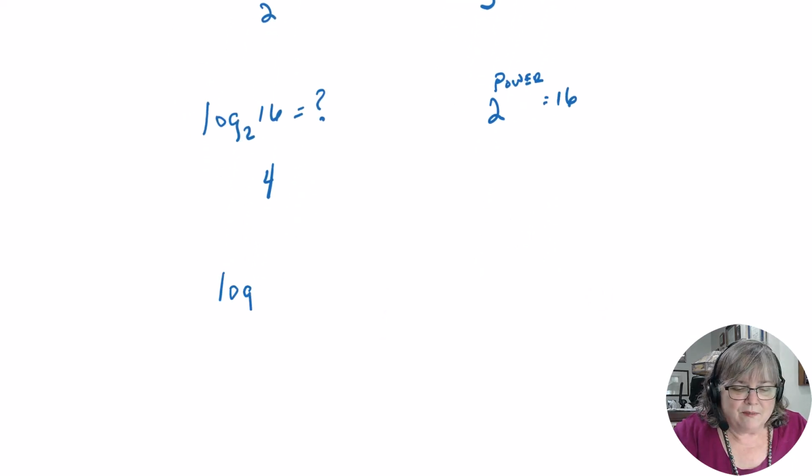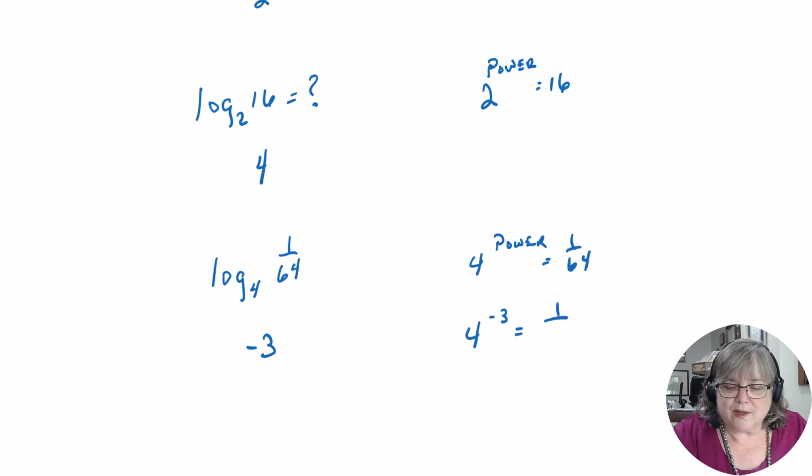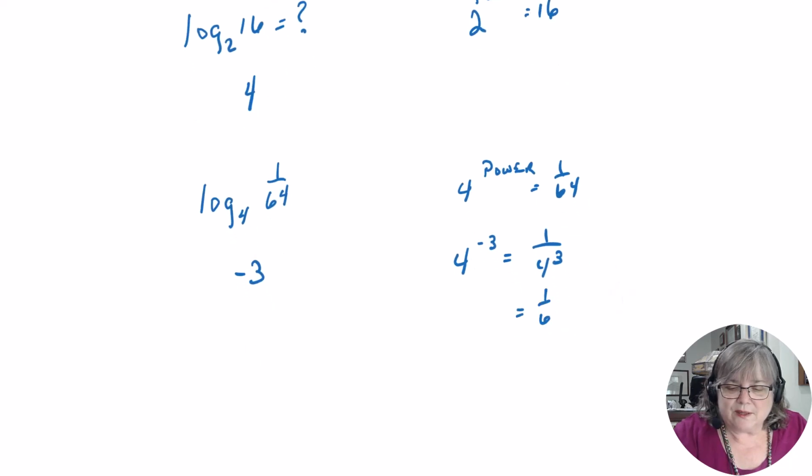Now log base 4 of 1 over 64. What you're saying is 4 raised to some power equals 1 over 64. Well, you flipped the 4 down, so it probably has a negative sign in it, and then you cubed it. So this turns out to be negative 3, because 4 to the negative 3 is 1 over 4 cubed, which is 1 over 64.